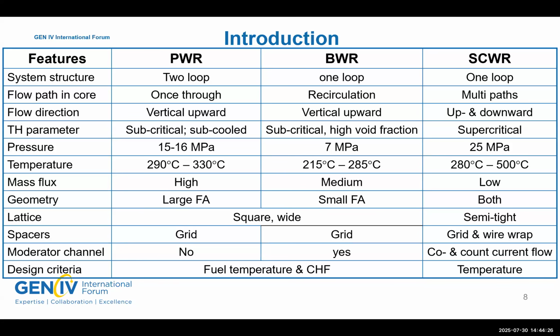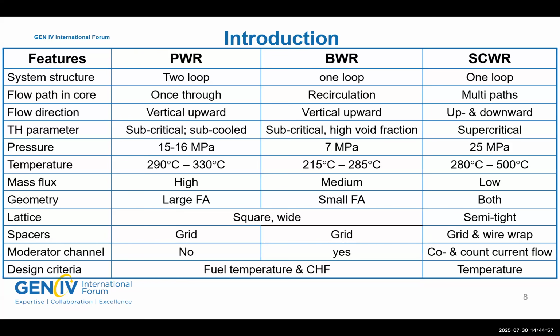And for the design criteria, you know that the fuel temperature and the CHF are the design criteria for the PWR and the BWR. But for the SCWR, I told you there is only one-phase flow in the supercritical condition. So that means the surface cladding temperature will be the design criterion for the SCWR.